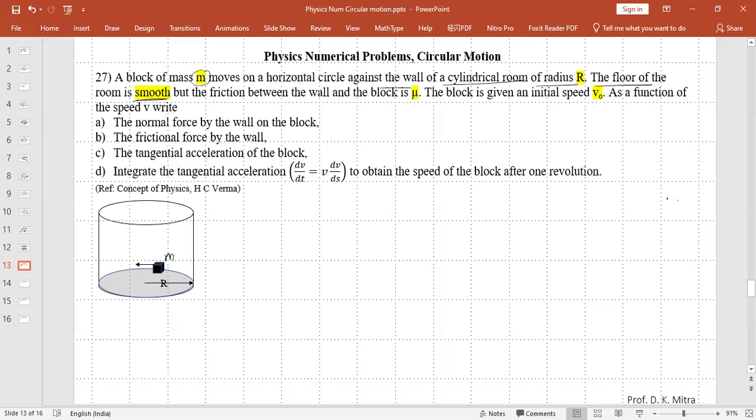That means there is no friction between the block and the floor. This is one point to be remembered.